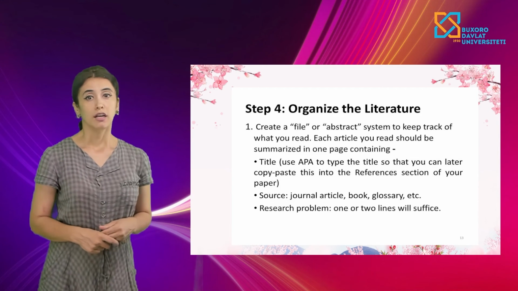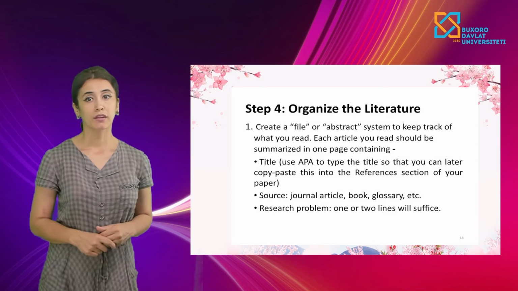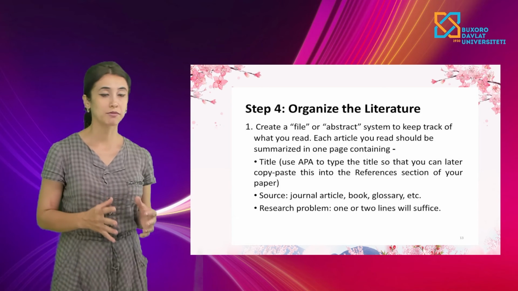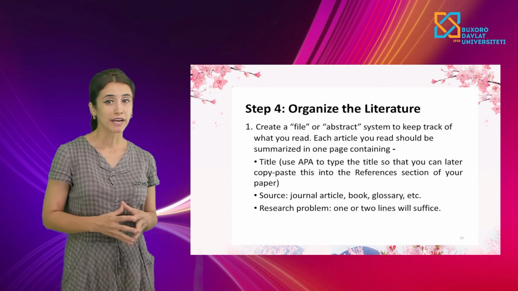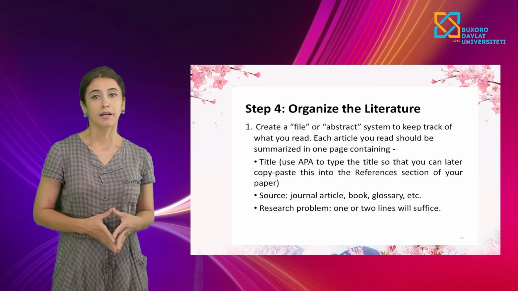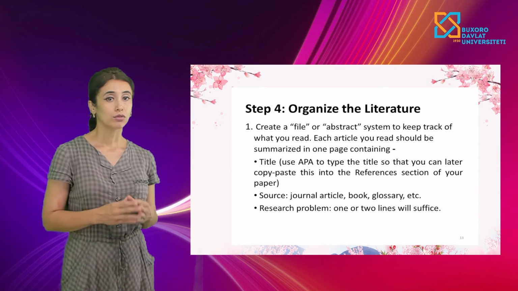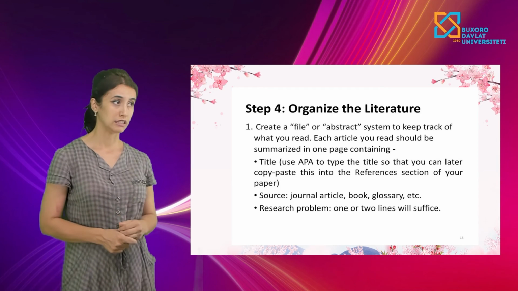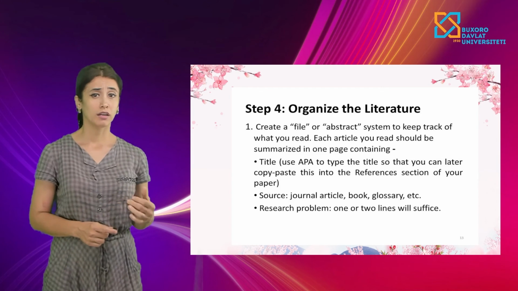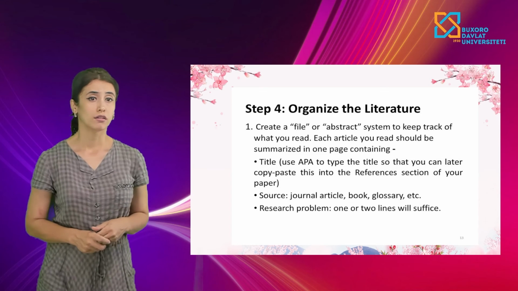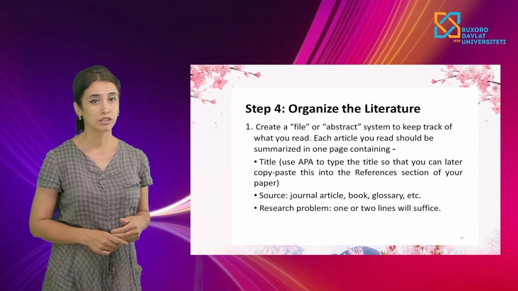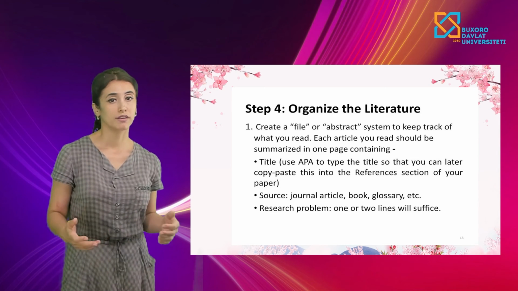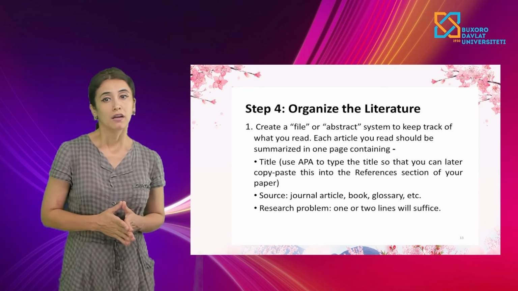Step 4, organize the literature. Create a file or abstract system to keep track of what you read. Each article you read should be summarized in one page containing the following. Or if you want to publish in some kind of journals, they also have their own formats.